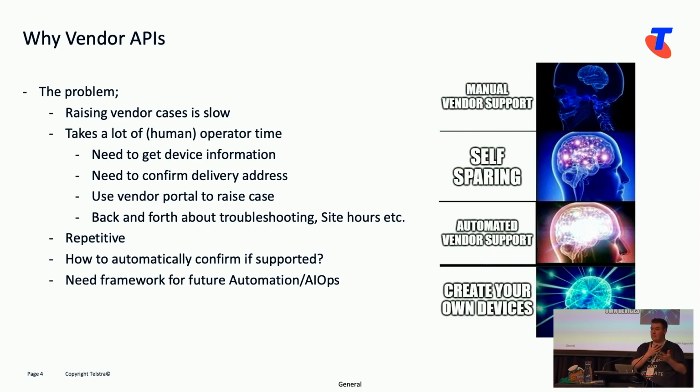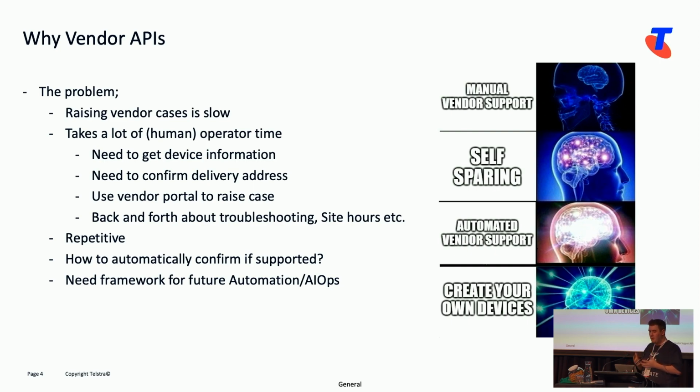Once we get a power supply failed alarm or a module fail, we log on to the device manually, we confirm the failure, then we grab the serial numbers, and then we log on to the vendor portal, we write up the problem, we click submit, and then we wait. Then once that part is finally delivered, we need to raise a job for our technicians or remote hands to go out and replace it.